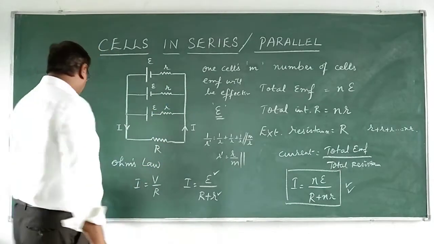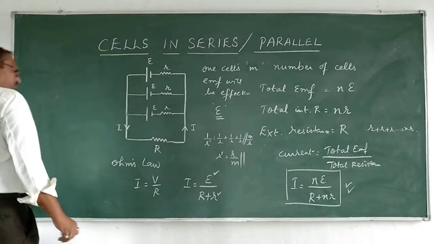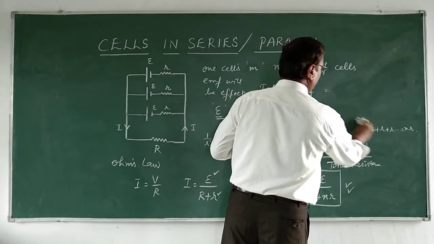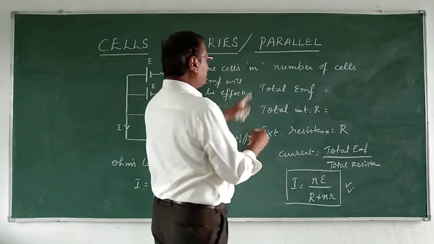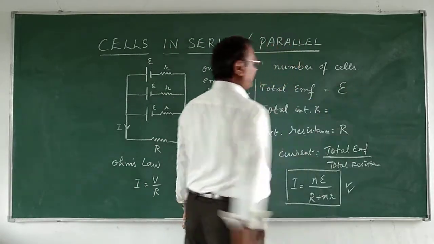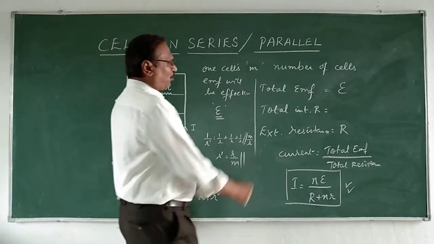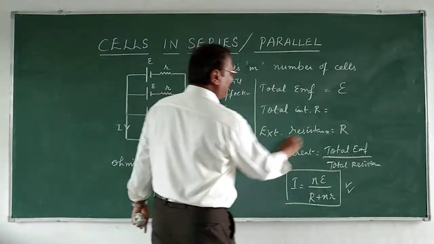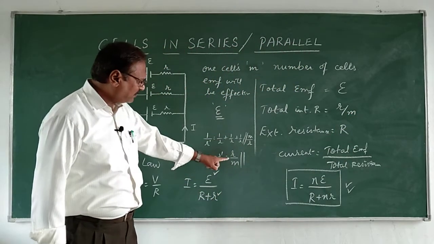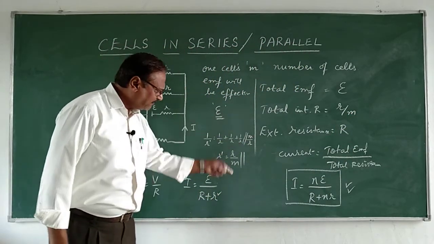So now I am going to make the substitution here, and let us see how the answer turns out to be. Okay, total EMF, I said to you, only one cell is effective, epsilon. Total internal resistance, r upon m. Remember, it is not m upon r, it is r upon m.